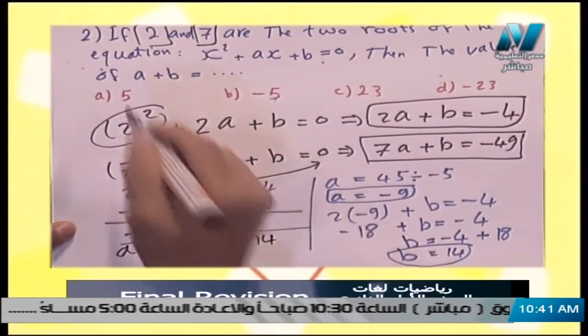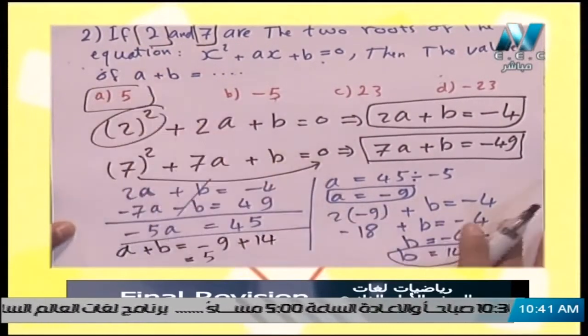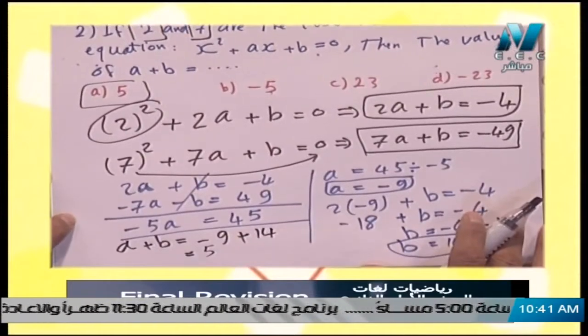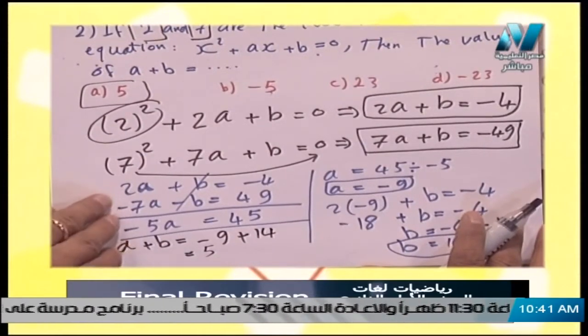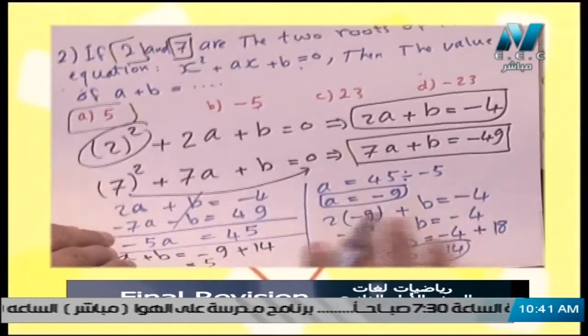So a plus b equals 5. So we choose the positive 5 for us. Okay, let's transfer to another question.